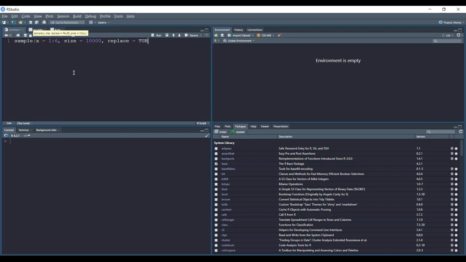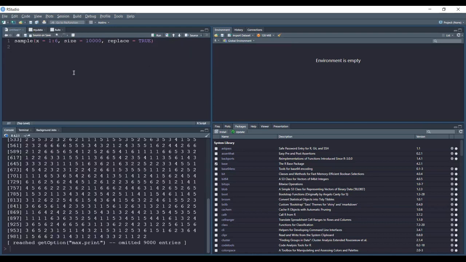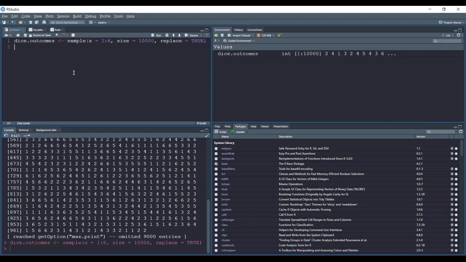Replacement is true. We are allowed to roll a 6 more than once in these 10,000 trials, obviously. And probability, can I leave probability out? Would that just assume a uniform probability? Let's have a look. Let's say outcomes, dice outcomes, and we'll do a histogram of the dice outcomes.